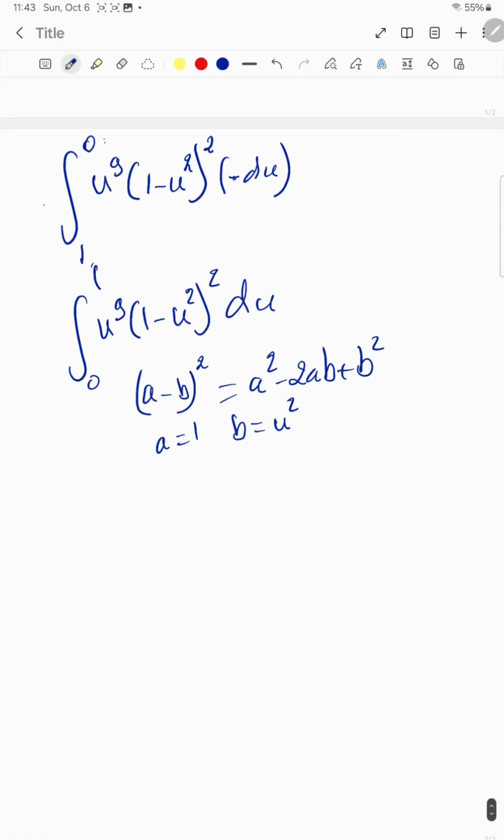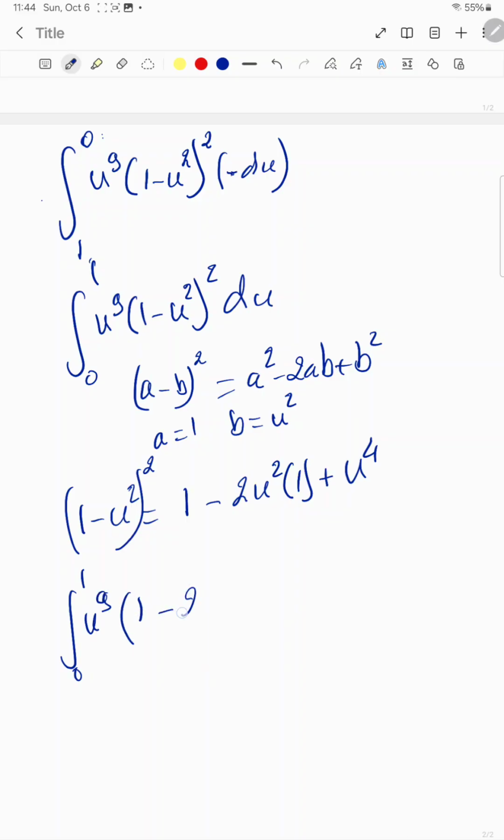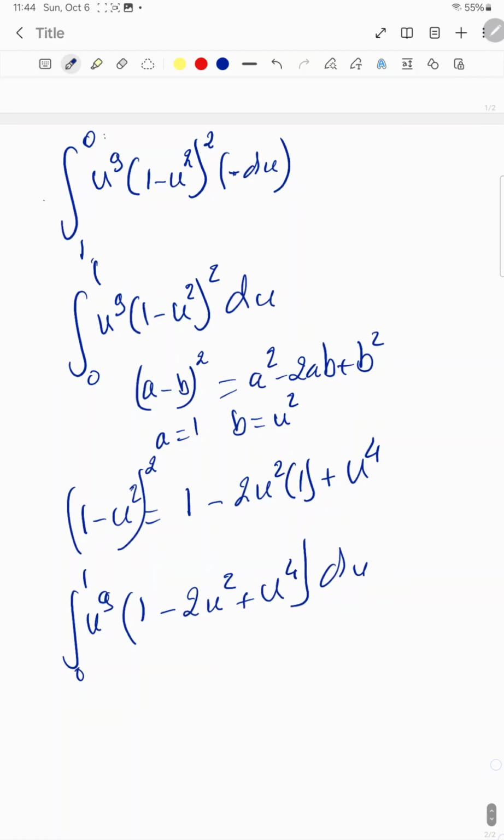So (1 minus u squared) to the power of 2 is equal to a squared, which is 1, minus 2u squared times 1, plus b squared, which is u to the power of 4. So let's replace it in my integral. It becomes the integral from 0 to 1 of u to the power of 9 multiplied by 1 minus 2u squared plus u to the power of 4, du. And that becomes very easy.